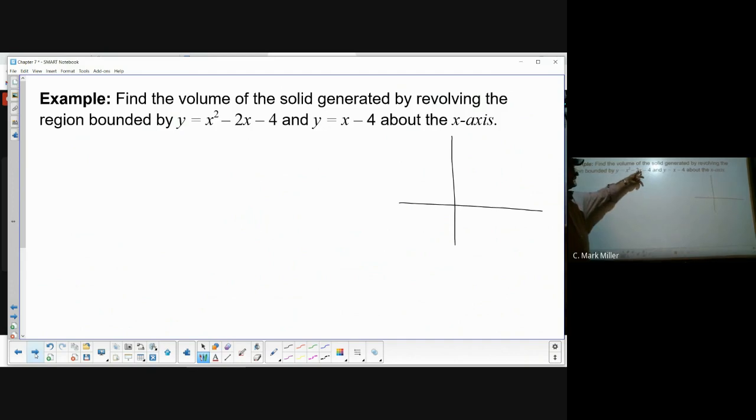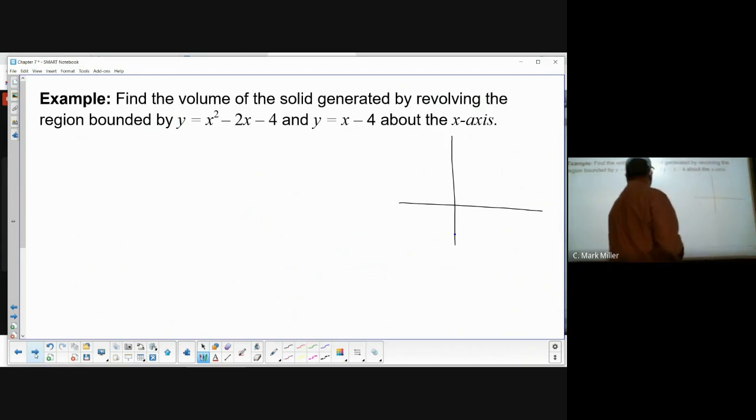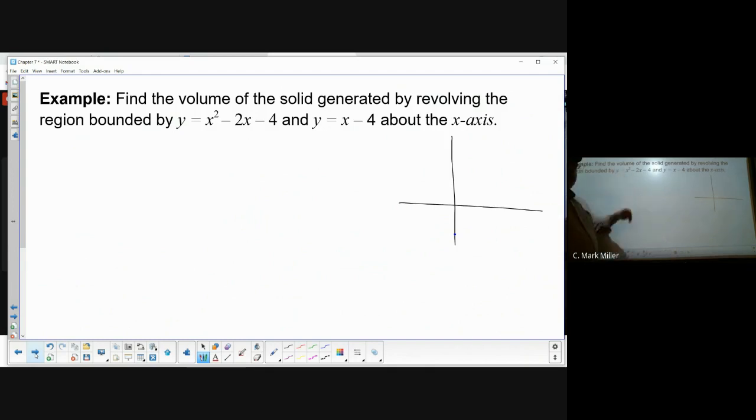The y-intercept is always the constant term in any polynomial function, so -4 is the intercept. We know it opens up.